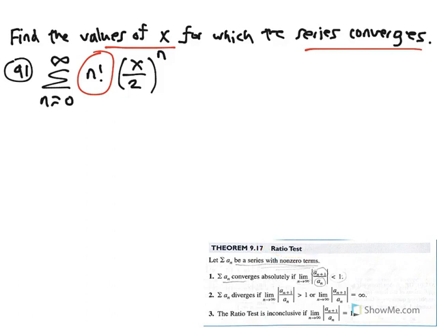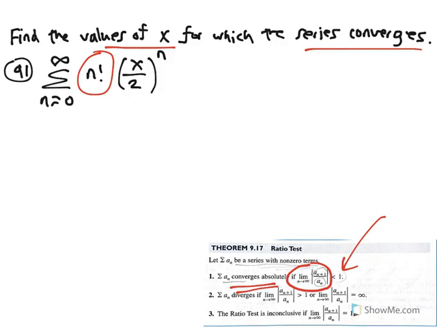So with the ratio test, you must begin by finding this limit, and you want to find the values of x that would make this limit less than 1, because by the ratio test, those are the x values for which the power series will converge absolutely.